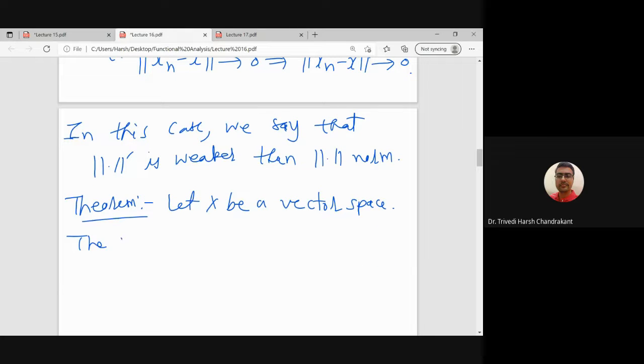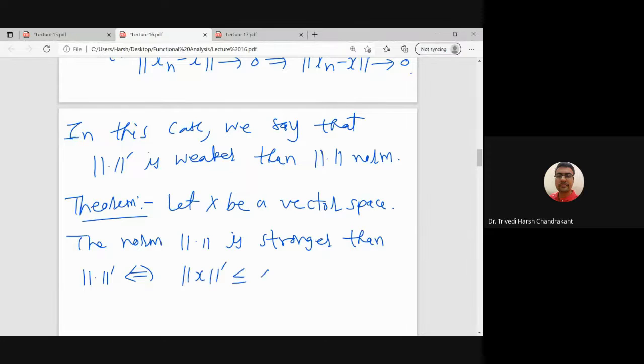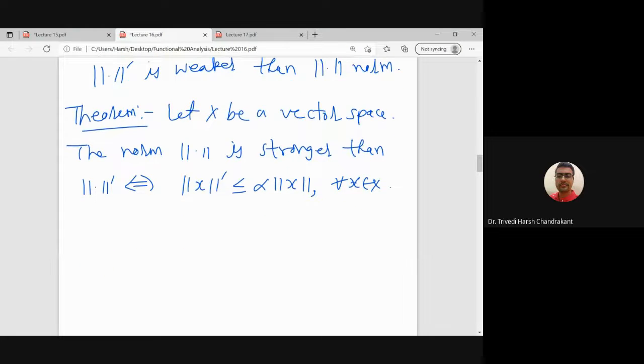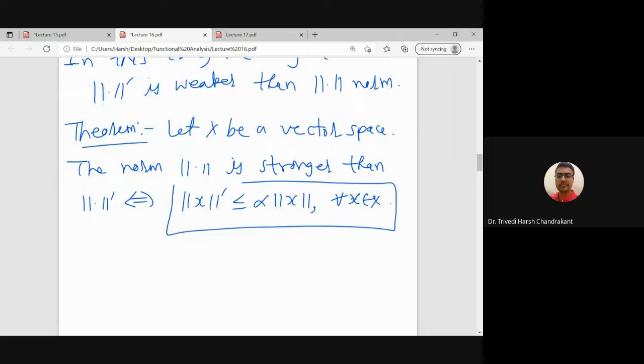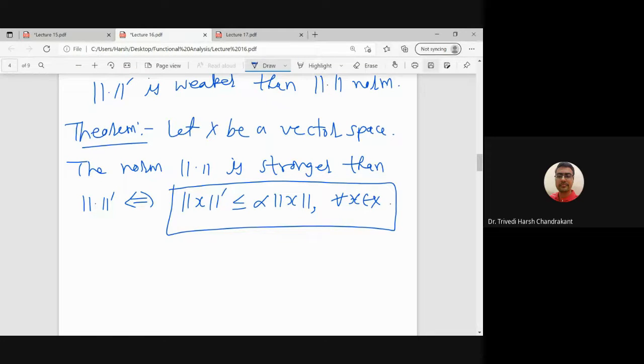The first norm is stronger than the second norm if and only if the second norm, the dash norm, is less than or equal to alpha times the first norm for every element x in X. If this condition is satisfied, then it is equivalent to saying that the first norm is stronger than the second norm.